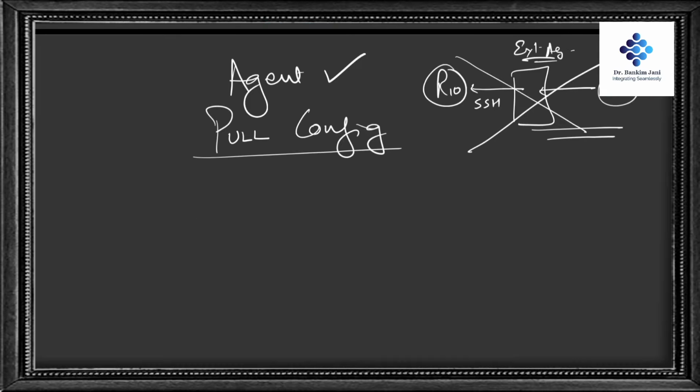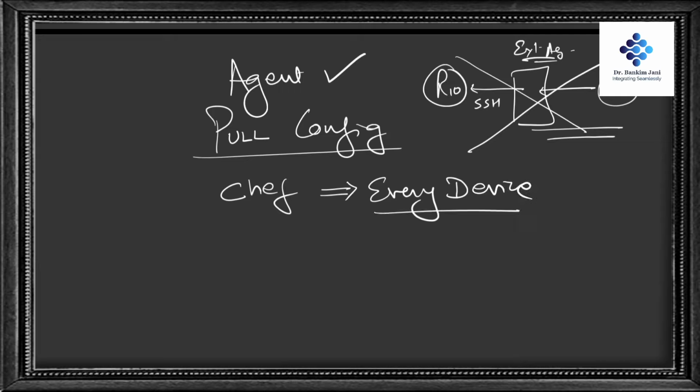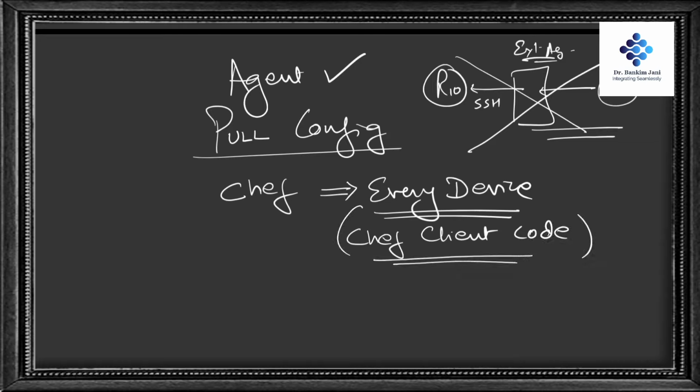What Chef said is that it is compulsory that Chef should be running on every client or every device. This is the Chef client code, and it should be running on every device. Nothing like this external agent business.